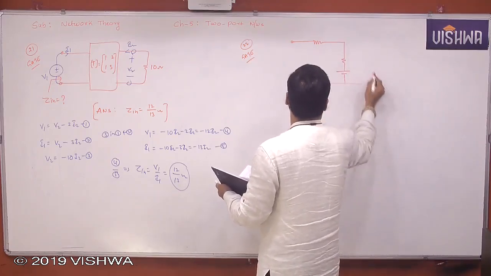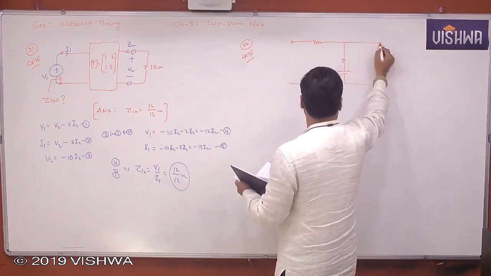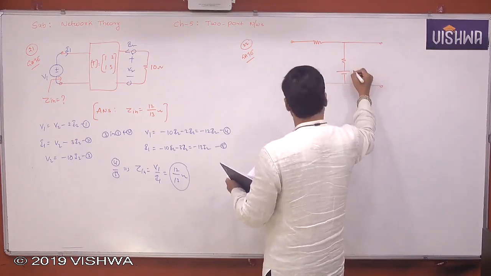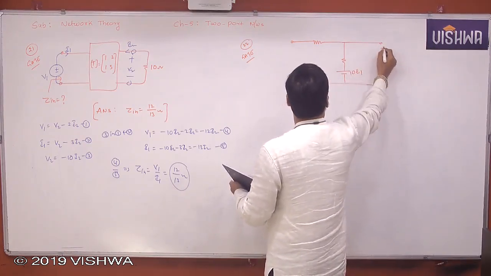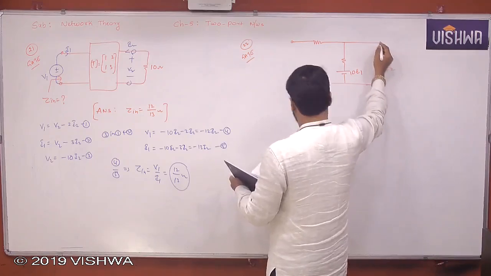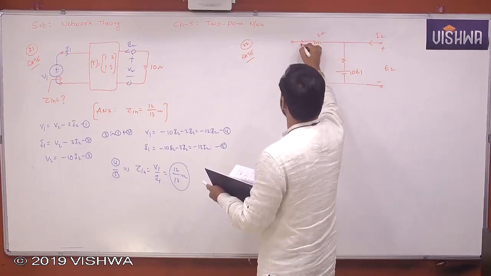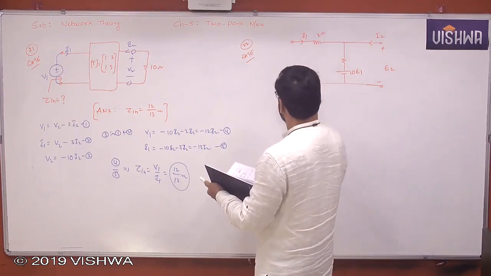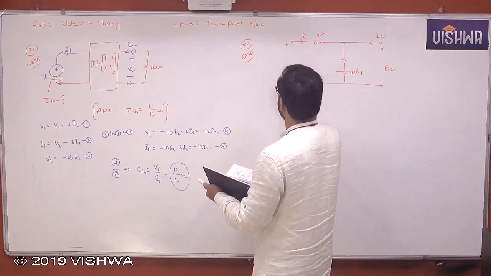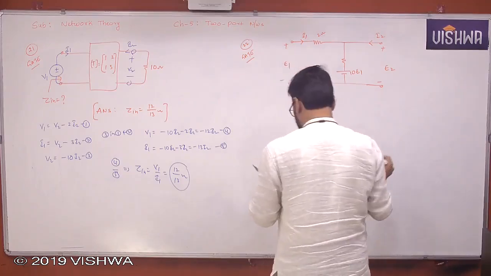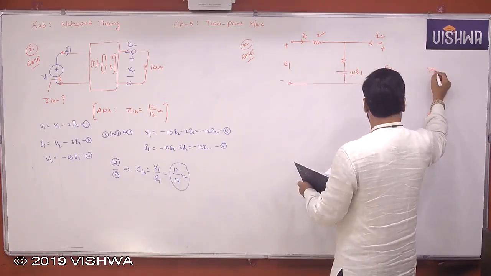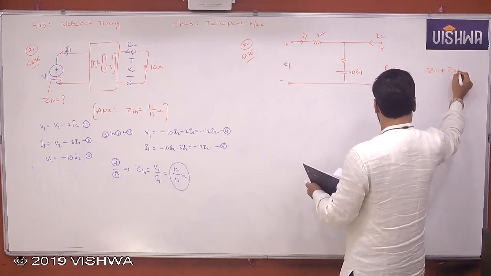Use either mesh analysis or node analysis. The circuit has 10 E1, plus minus E2. It is given as I2, it is given as 2 ohm, and this is I1. This is plus minus E1. That's it. So he's asking what is Z11 and Z21.